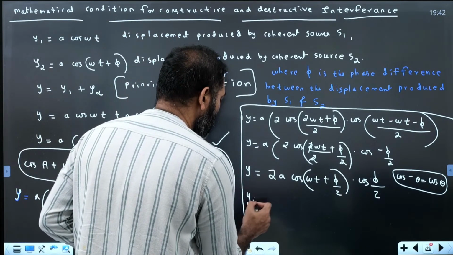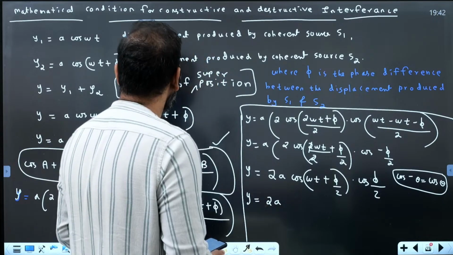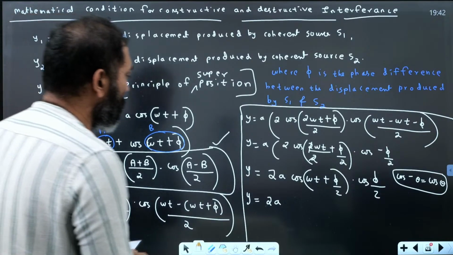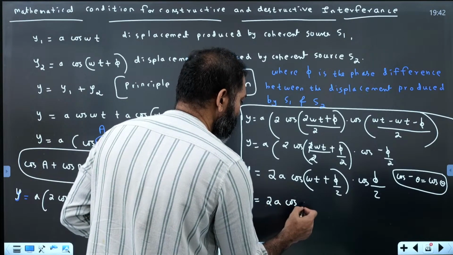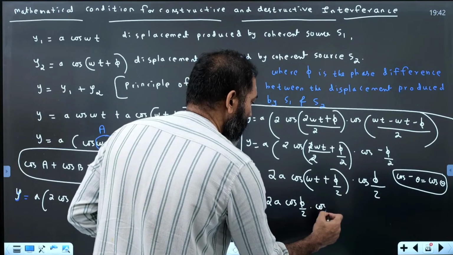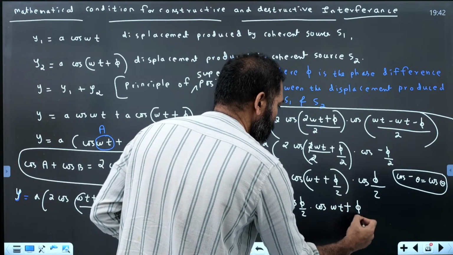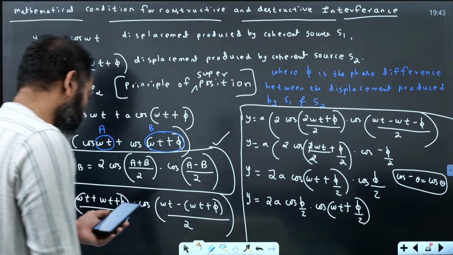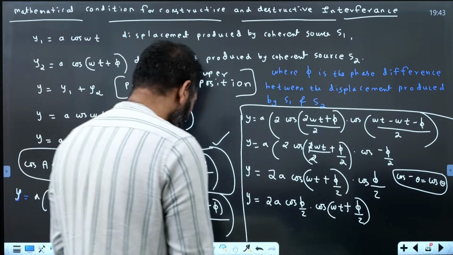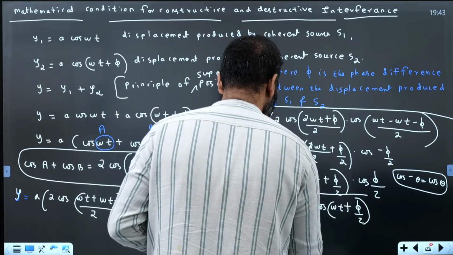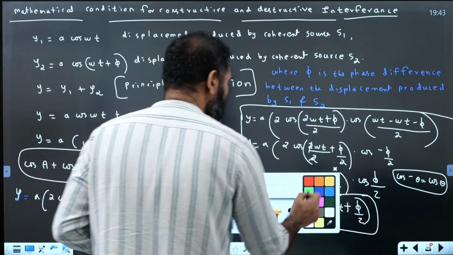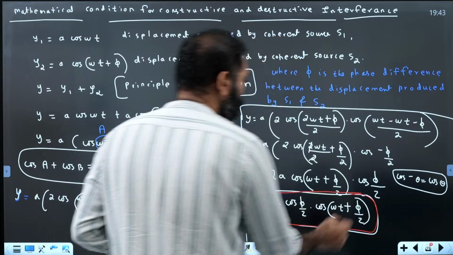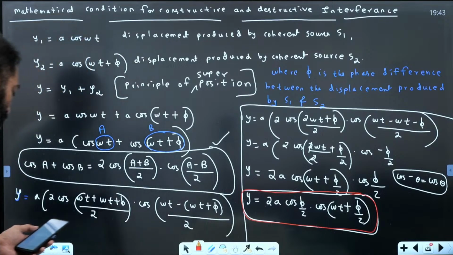I am writing cos phi by 2 first and cos of omega t plus phi by 2 second, because in our equations the first is cos omega t. This is the equation for the resultant wave: 2A cos phi by 2 into cos of omega t plus phi by 2.